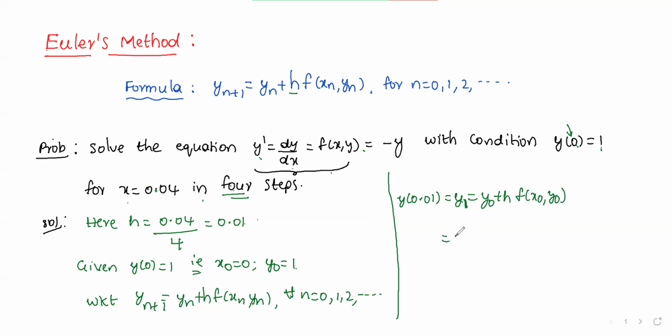That is equal to 1 plus 0.01 into f of x naught, y naught. So f of x naught, y naught means minus y naught, y naught means 1, so minus 1. That is equal to 0.99. So this is the first approximation.